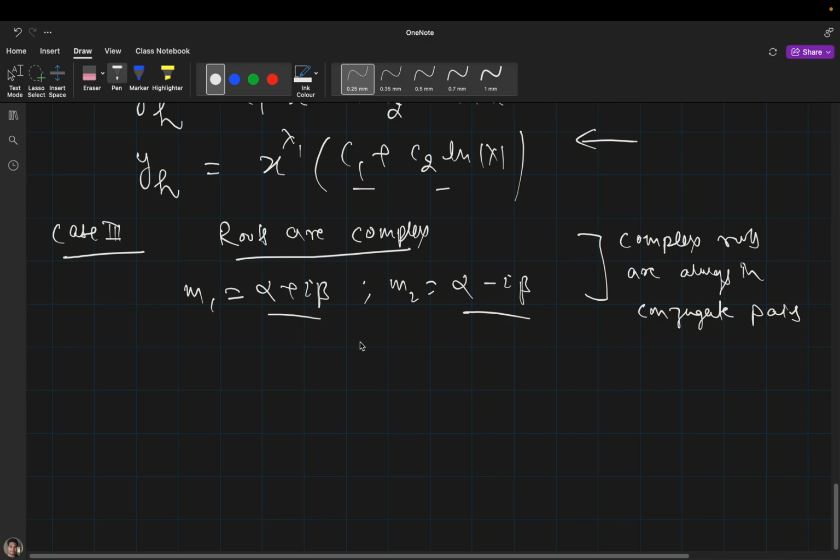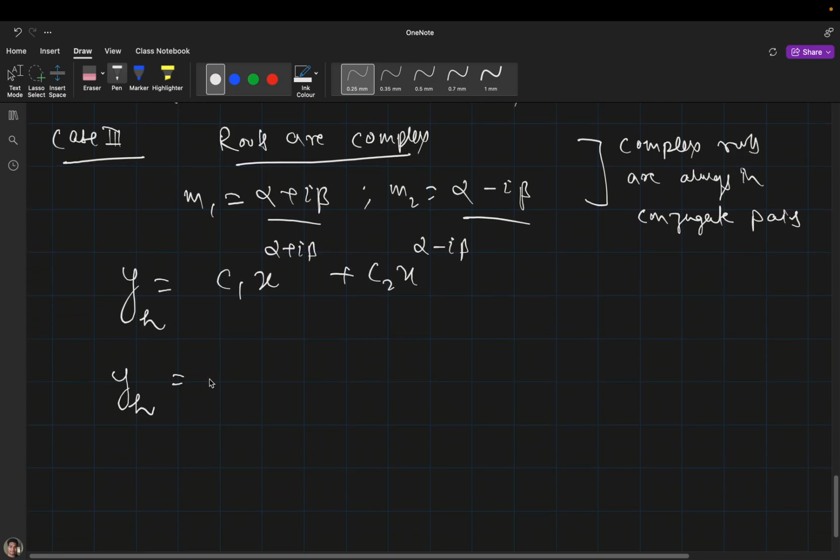Now, again you can see that since these two roots are distinct, I don't have any problem writing in this form. So what is that? c1 x raised to the power alpha plus i beta plus c2 x raised to the power alpha minus i beta. Okay, I will simplify much more. So I will write x raised to the power alpha times c1 x raised to the power i beta plus c2 x raised to the power minus i beta.